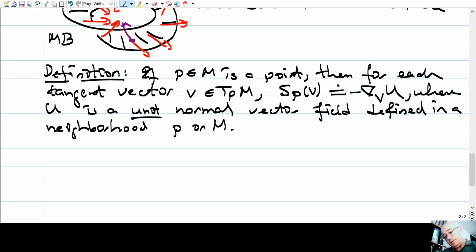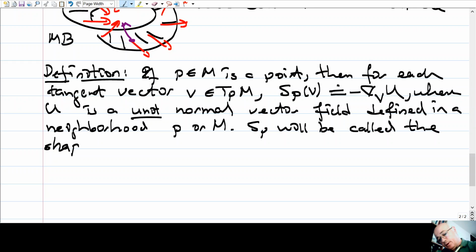All right. S_P will be called the shape operator of M. Okay, so what is this?